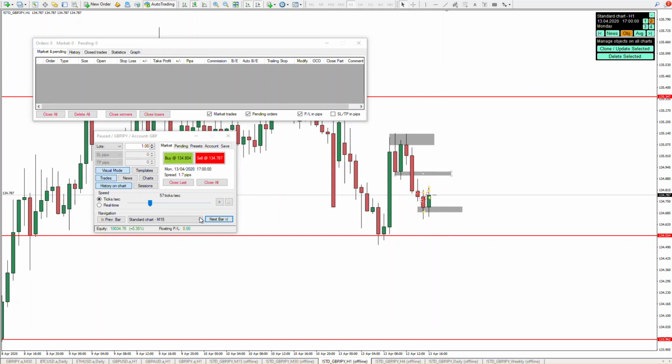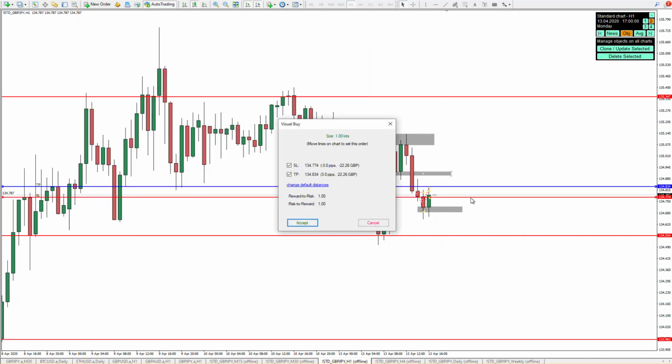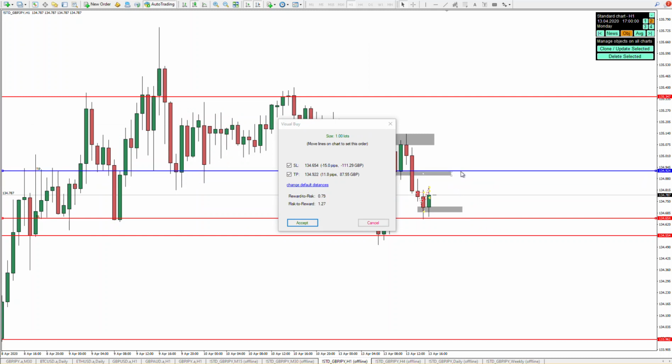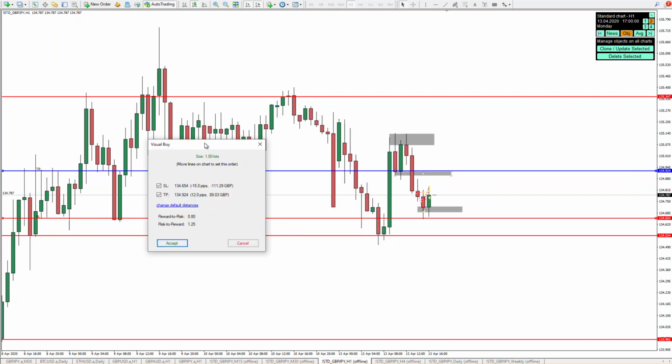That's beautiful. Yeah, let me buy. 1% risk trade. Stop below the wick. TP for now, well, yeah, just let's take that.